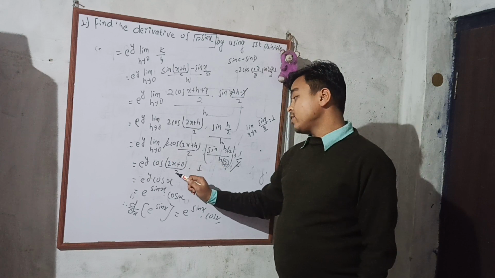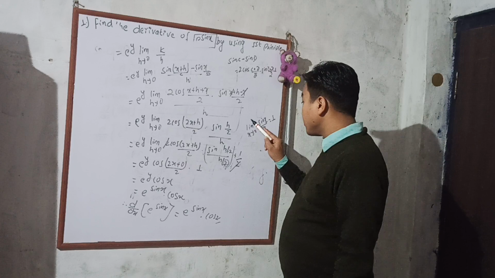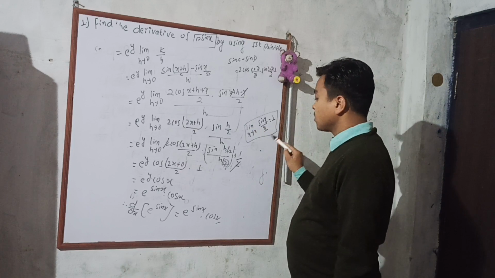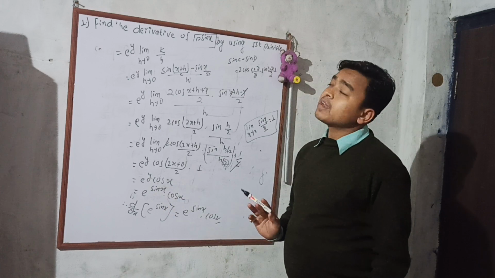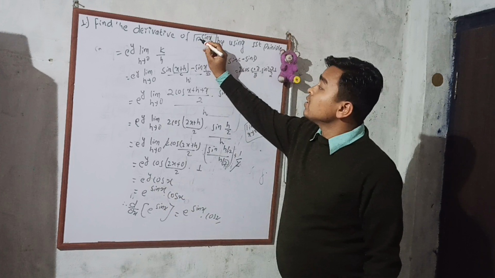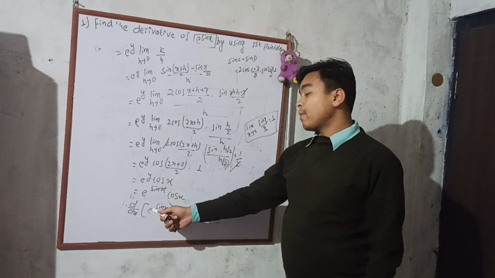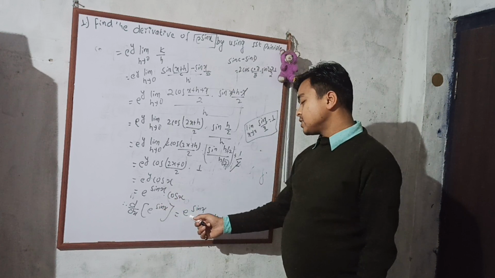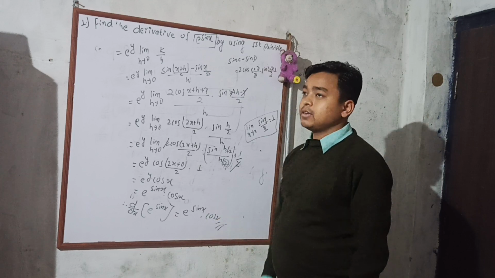The cos of 2x by 2 means cos x. So e to the power y cos x, where y means sin x, gives e to the power sin x into cos x. Therefore d upon dx of e to the power sin x is equal to e to the power sin x into cos x. This is your answer.